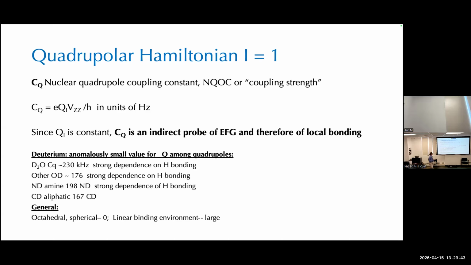So it does depend on the environment. D2O has a larger value than aliphatic CD. And if you had a strictly spherical or octahedral environment, which you can't do for obvious reasons for hydrogen, you could have something like a free deuteron plus, then we would expect it to be close to 0. And the Z direction will always be the bonding direction.